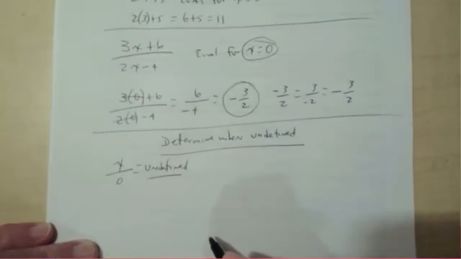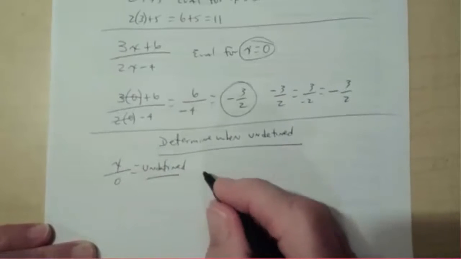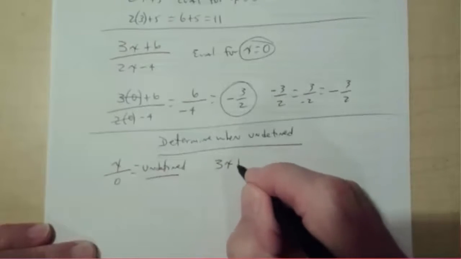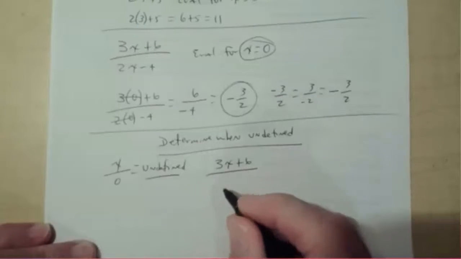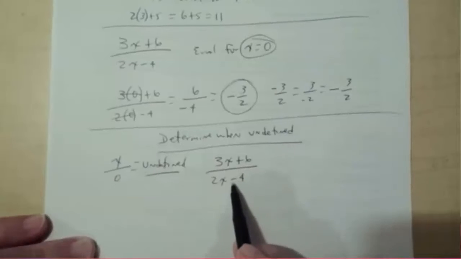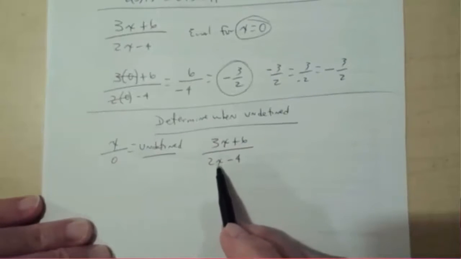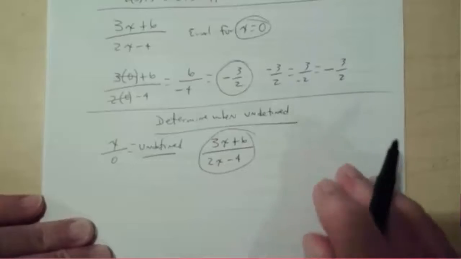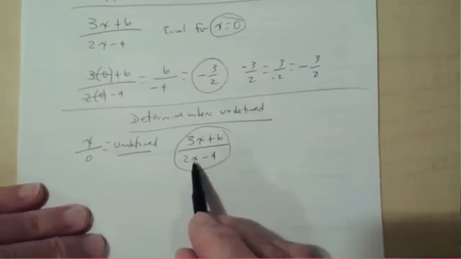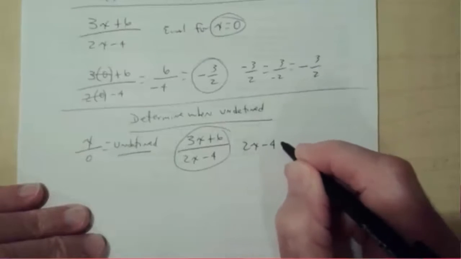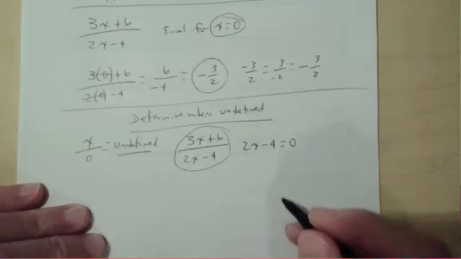So if we have 3x plus 6 over 2x minus 4, find out what the value is that will make this whole expression undefined. It's real simple. All we do is we take the denominator and set it equal to 0 and solve it.